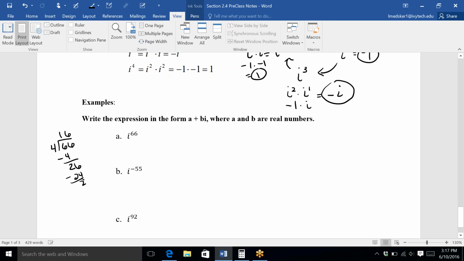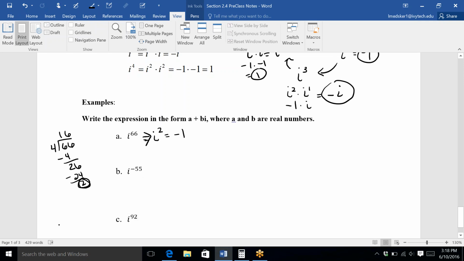And subtract that and you get 2. The key to finishing this problem is the remainder. This makes 6 complete laps around my little circle up here with 2 left over. So that means it ends up at i squared, which means it is negative 1. So whatever the remainder is, that's the power it reduces down to.